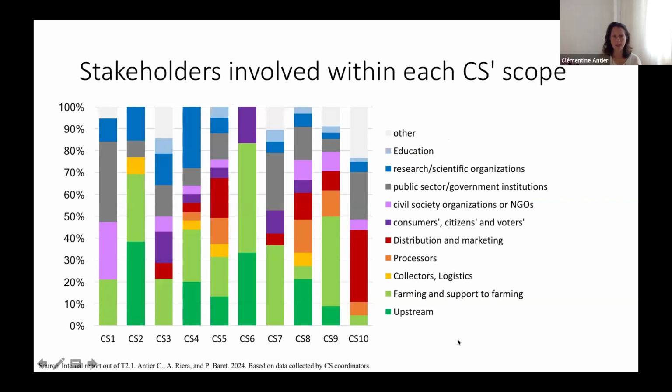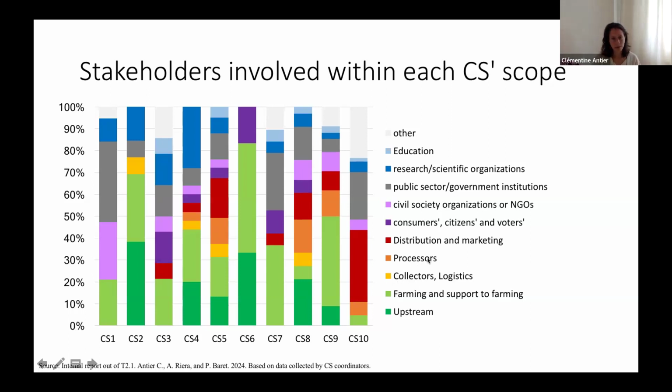You also have it here, case study per case study, and it's quite contrasted when we compare case studies. Here it's mainly due to the framing and the focus of the case studies. So when the case study has a value chain focus, of course, all those distribution, processing and collecting actors will be included.